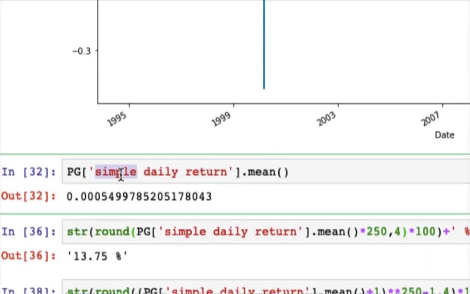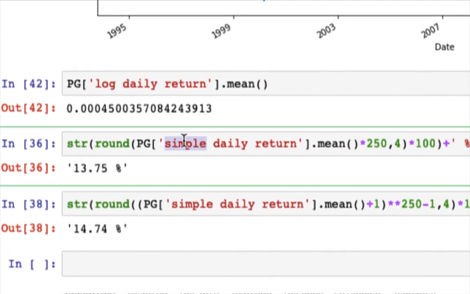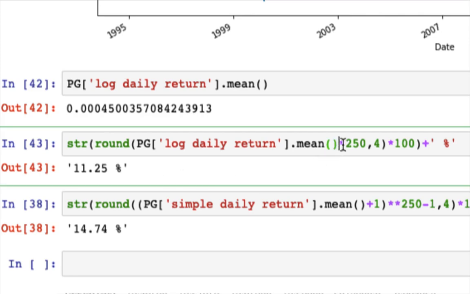Okay, let's calculate the mean. And now let's calculate the yearly log return. This time it is correct to use the additive formula. Because as I explained before, the advantage of using log return is that you can add the periods, so you can multiply the daily return by 250 to get the yearly return.